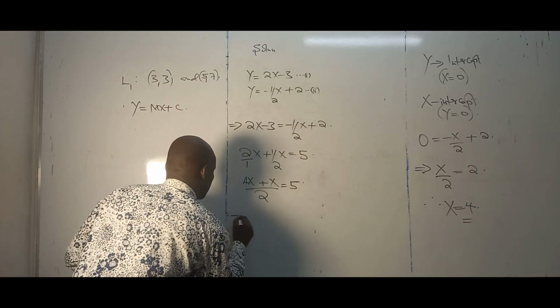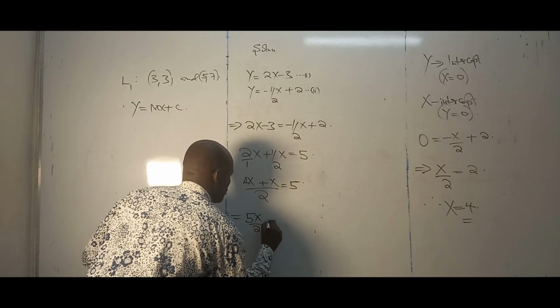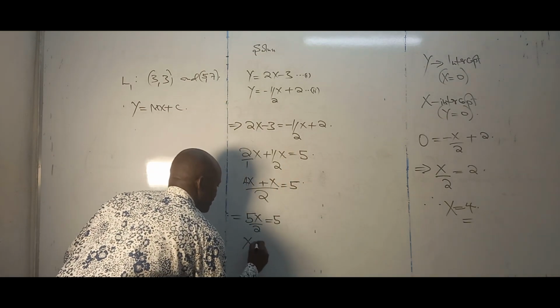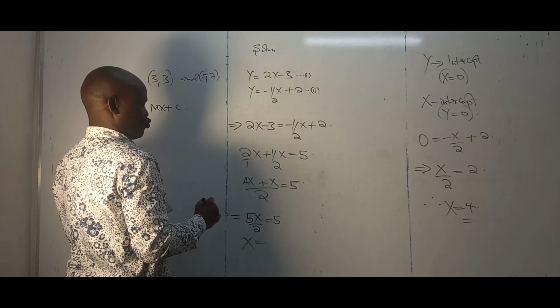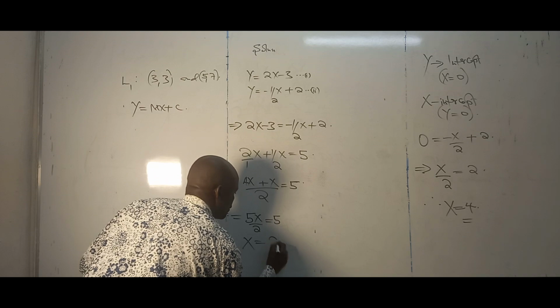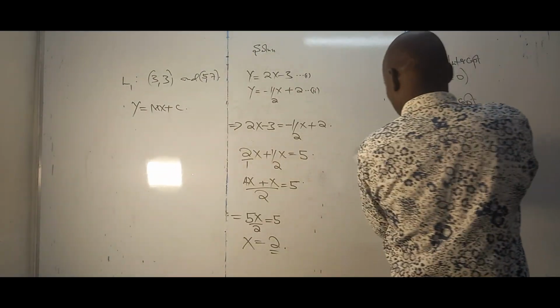That means we are saying that 5x over 2 is equal to 5. In other words, 5x equals 10, so x is 2.